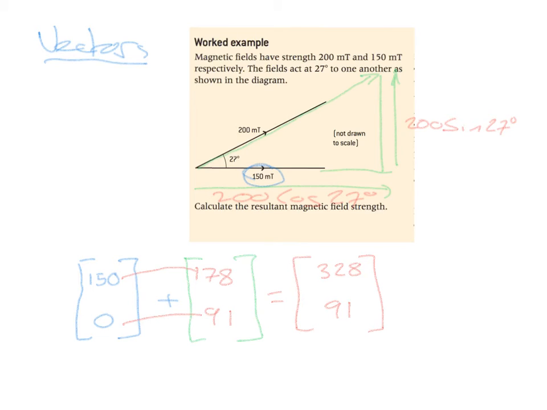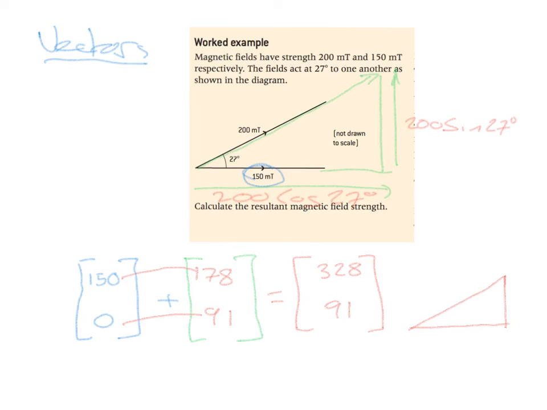Now that is the correct answer, that is the resultant, but the way they're going to want it is they're going to want you to use Pythagoras to work out what that triangle is. I'm just going to quickly draw that triangle now, okay? So on the x direction we've got 328, and on the y direction we've got 91.